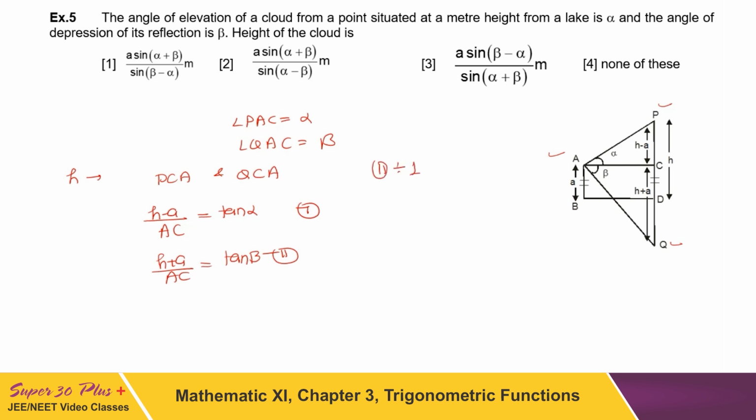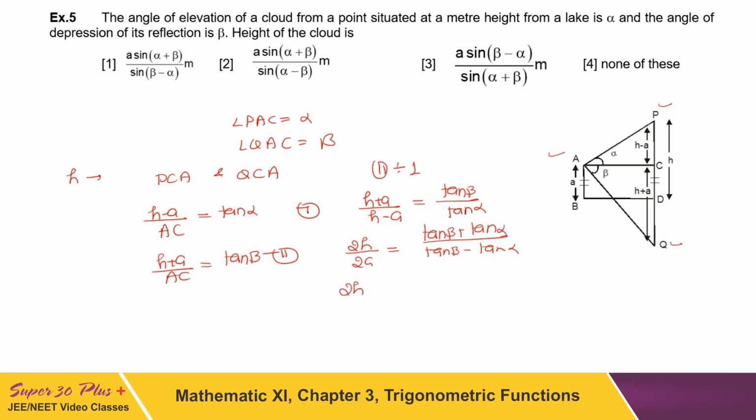Second divided by first will give (h plus a) upon (h minus a) is equal to tan beta upon tan alpha. Now we are going to simplify it. It will convert to 2h upon 2a is equal to (tan beta plus tan alpha) upon (tan beta minus tan alpha). Now convert the tan into sin and cos.